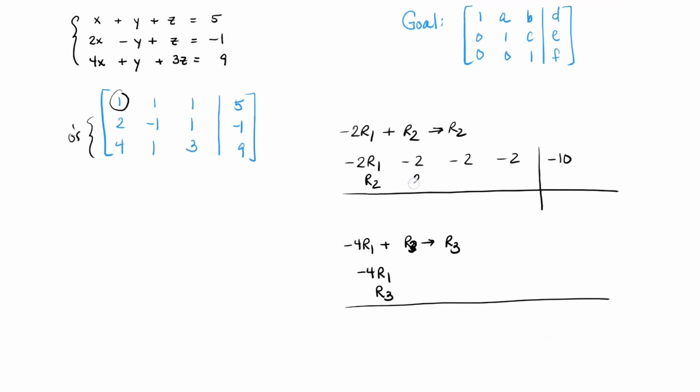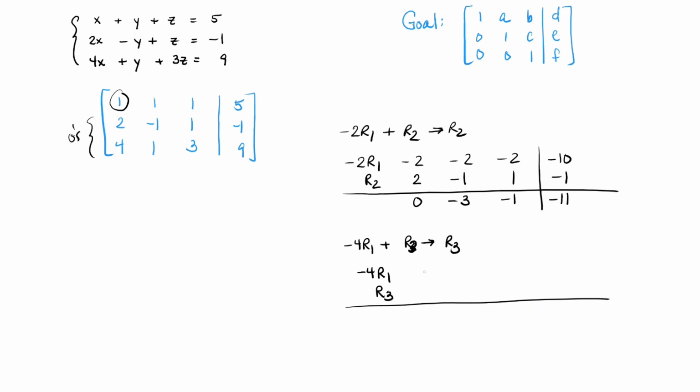Row 2 is 2, -1, 1, -1. So that gives us 0, -3, -1, -11.